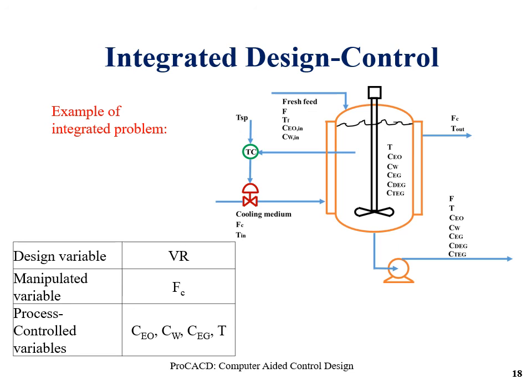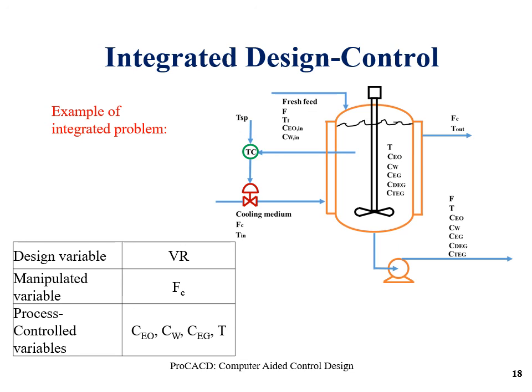Okay, now what would be an integrated design control problem here? The most important design parameter is the volume of the reactor, because the capital cost will be highly dependent on the volume of the reactor.